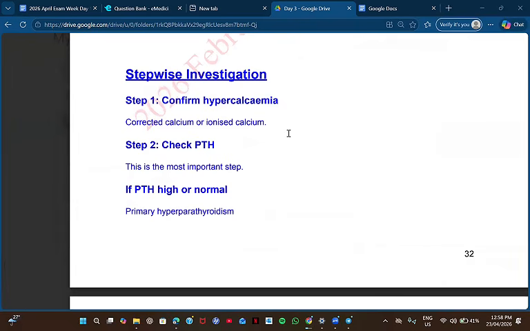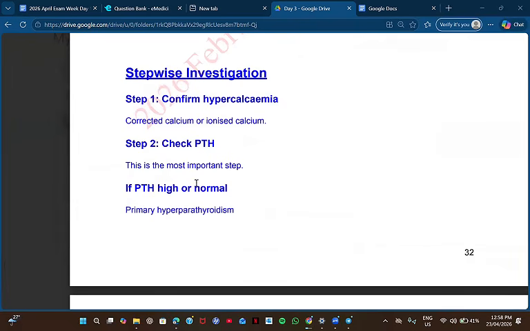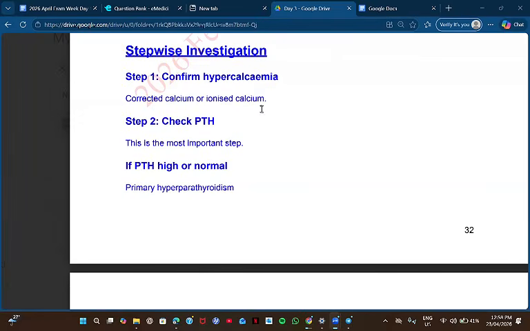Then stepwise investigation. This is the most important part, which they have asked in previous months' exams. Stepwise, first you have to confirm the hypercalcemia: is the calcium level increased or not? Then you have to check the parathormone level, because you all know the most common cause is primary hyperparathyroidism.